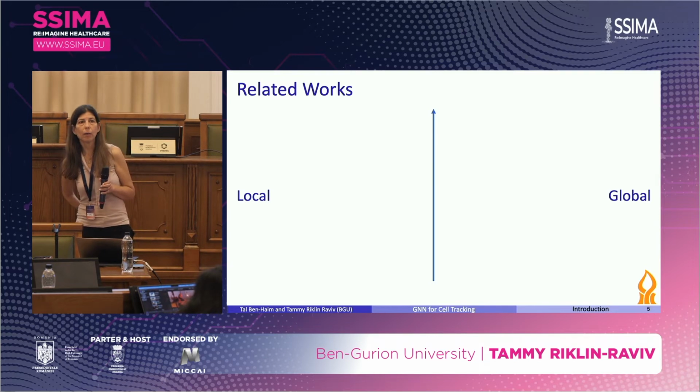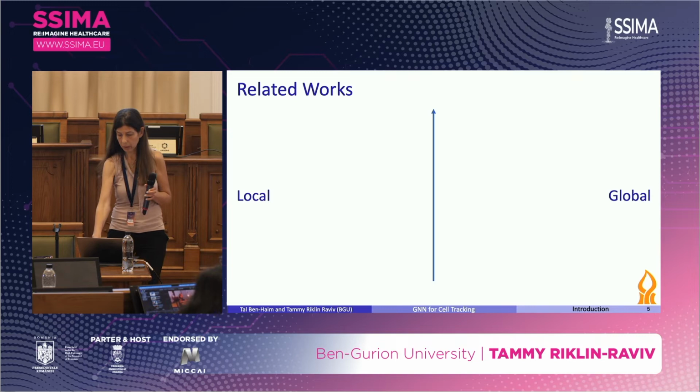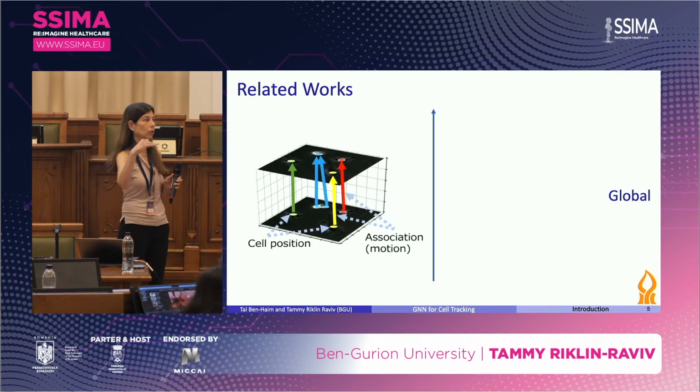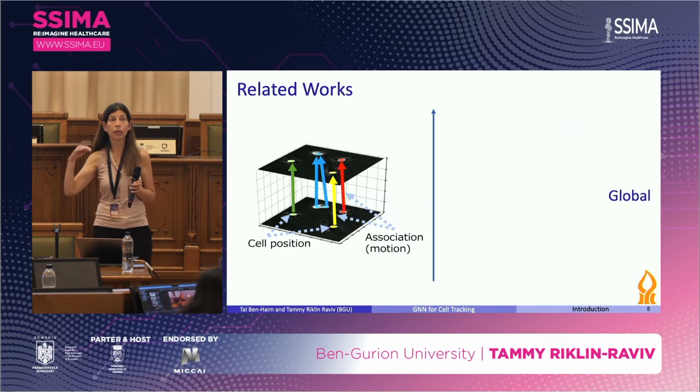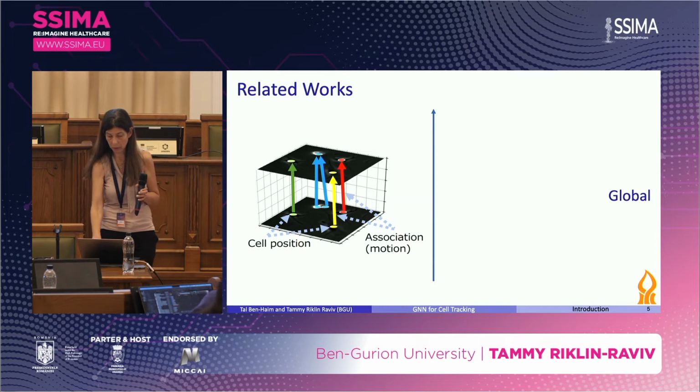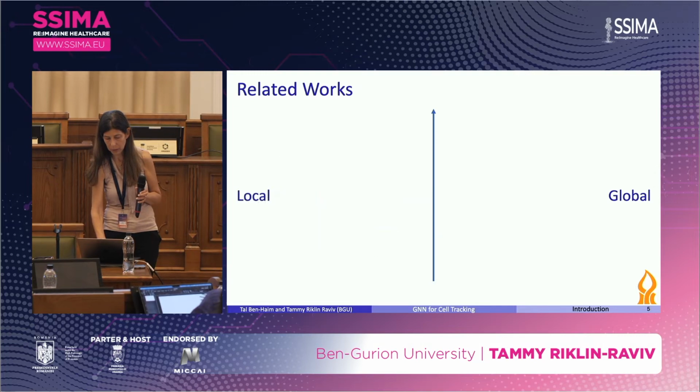There are two main approaches to cell tracking. The first is the local one, where you simply look at consecutive frames and calculate the association between cell instances in pairs of frames. The other is the global approach, where you look at the entire sequence.